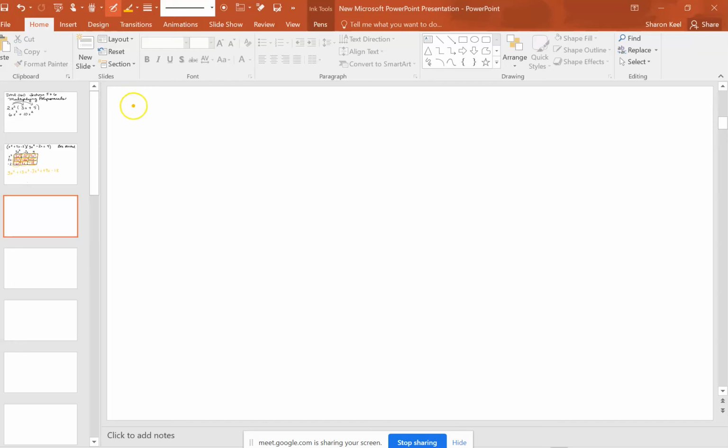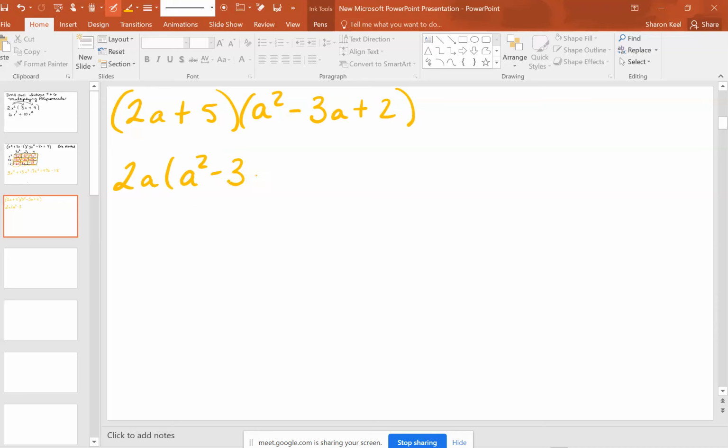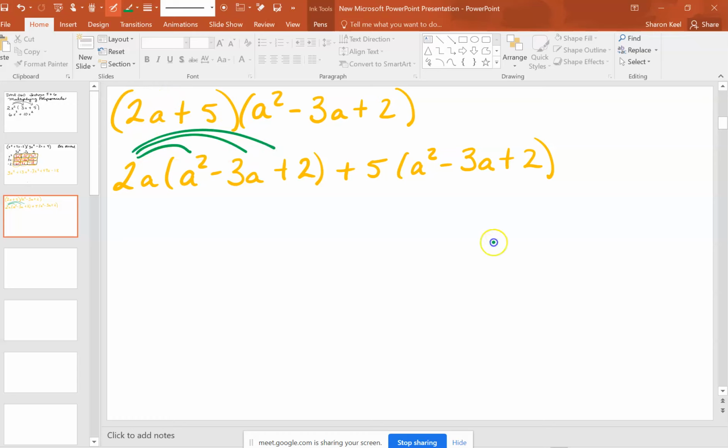So with the distributive method, if I had, let's say, 2a plus 5, and I was going to multiply that by a squared minus 3a plus 2, what I would do is take my 2a and I would write it times a squared minus 3a plus 2. And then I would take my positive 5 and distribute it with the a squared minus 3a plus 2. So once we have it written out in this form, we then would distribute here.